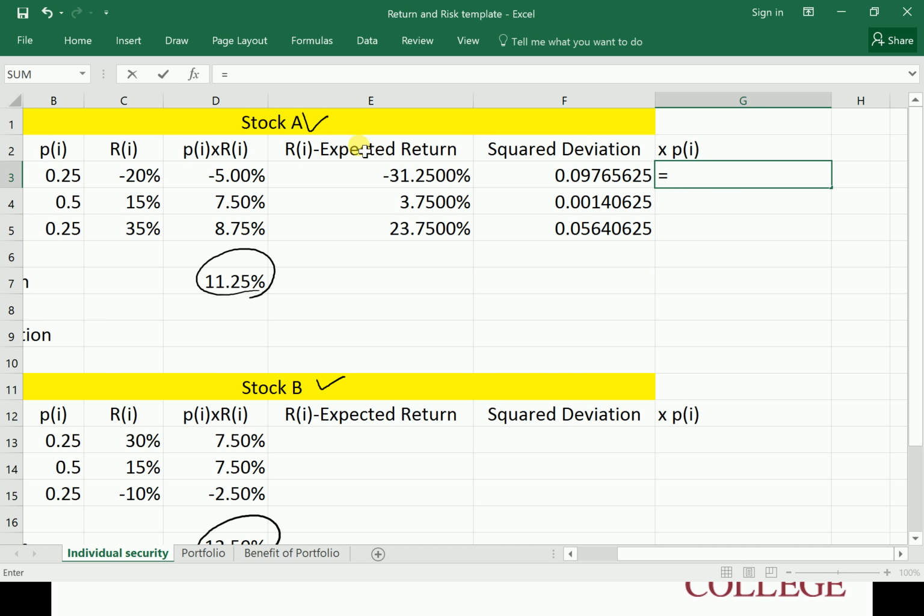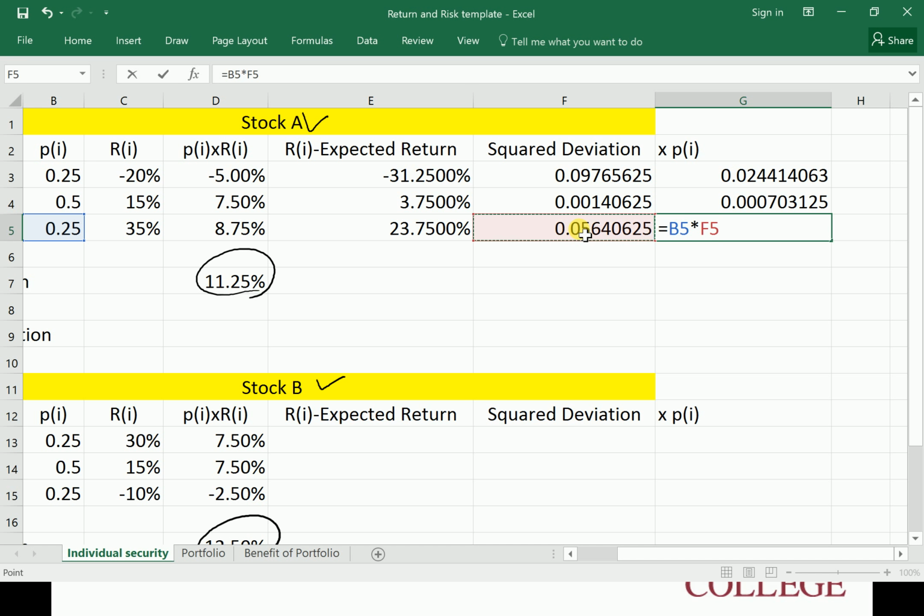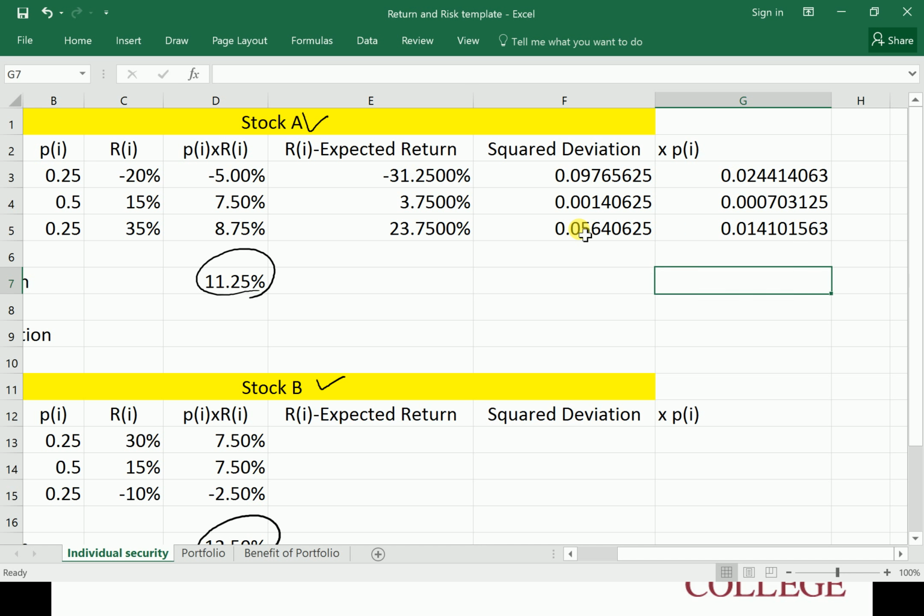The probability is here, right? So probability times squared deviation, again probability times squared deviation, and probability times squared deviation. And the sum of these three will be the variance.